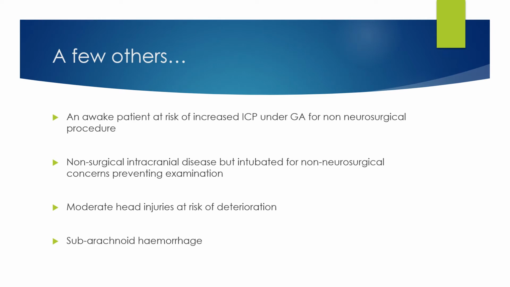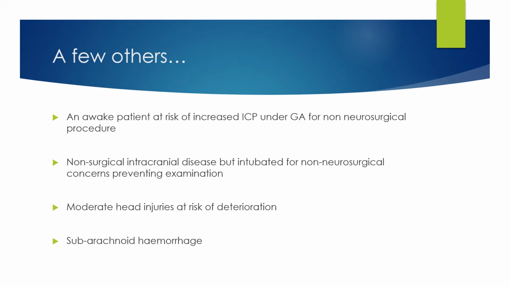There are a few other groups of patients we should be considering monitoring ICP in. These are people who are at risk of a raised ICP when they're under anaesthetic, however they're undergoing a non-neurosurgical procedure. People who have intracranial disease which is not going to be operated on, but they are intubated for other non-neurosurgical reasons.